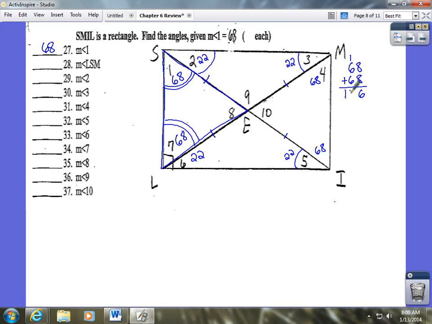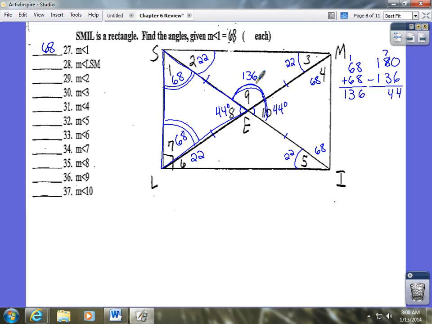That's 44 degrees. And I know that this angle and this angle are vertical angles, which means this one's 44 degrees. And to find this angle here, I would take 180, because this is a straight line, 180 minus 44, which is 136. And that means this is 136 too. All right.